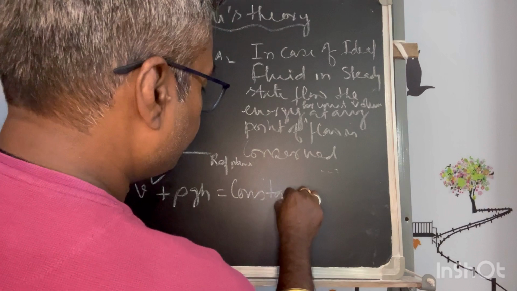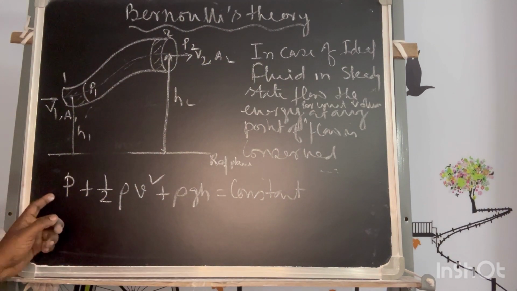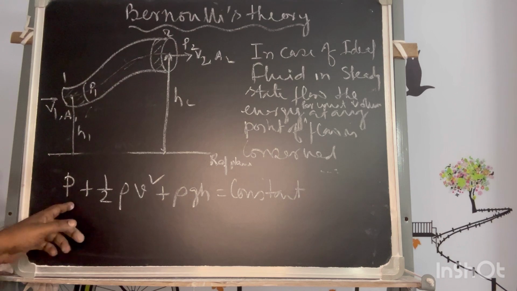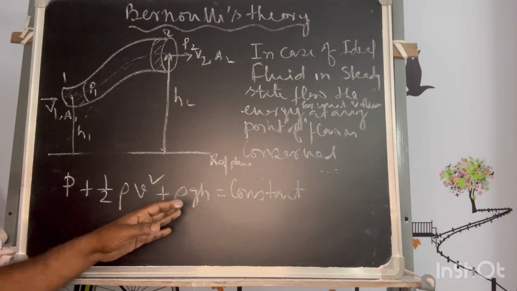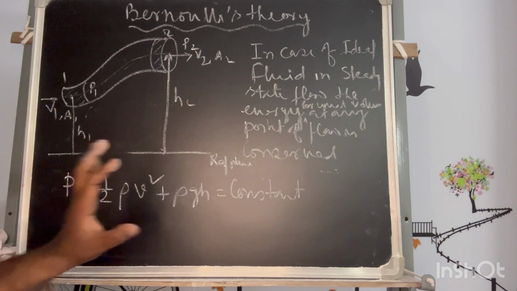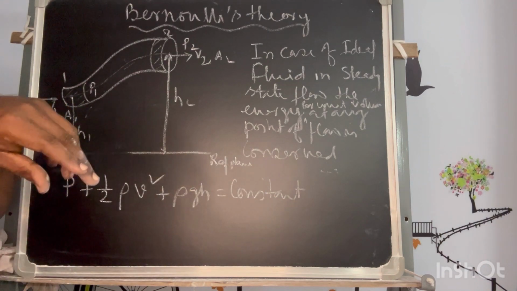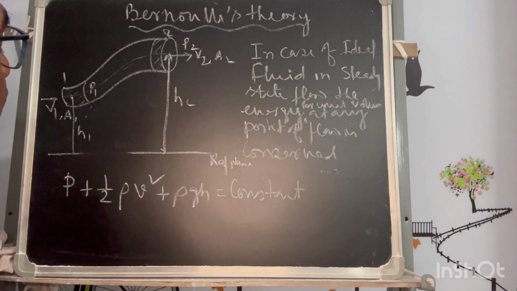This is your ultimate Bernoulli equation. For any value of pressure energy, kinetic energy and potential energy, the sum of the energies is constant. Now we'll take the cases one by one.